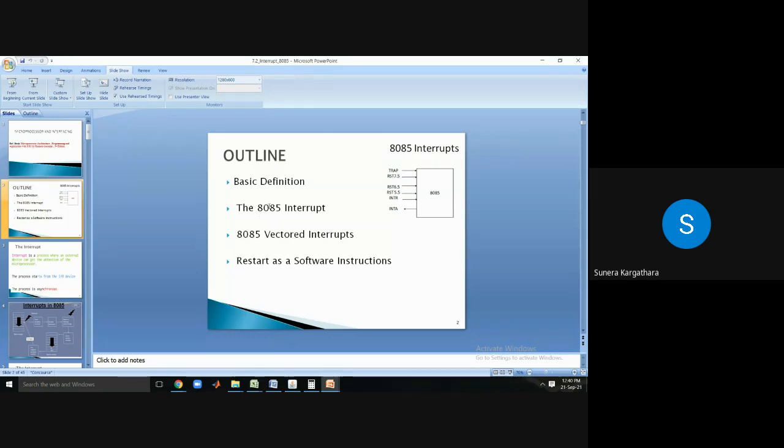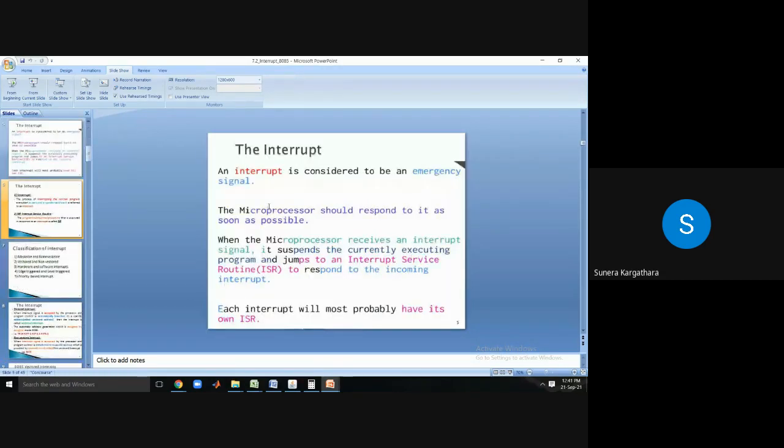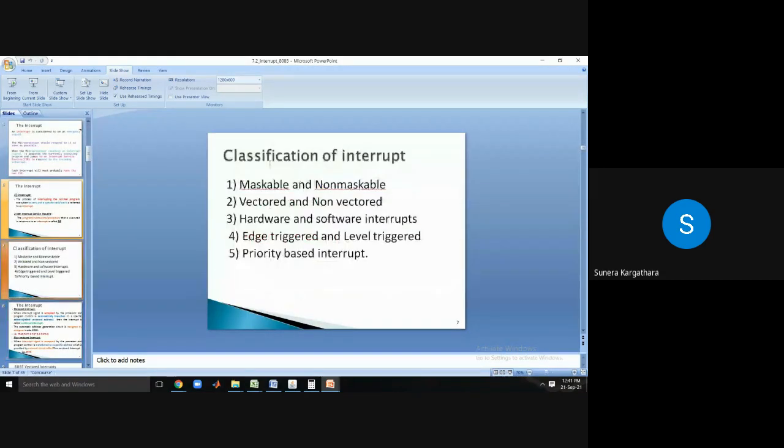Depending upon that, you have the classes software and hardware. If you want to go for further classification: maskable, non-maskable, vectored, non-vectored, edge-triggered, and priority-based interrupts.